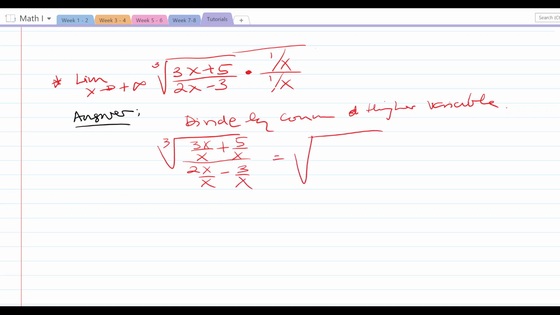So in this case we have root 3, and we have 3 plus 5 over x, over 2 minus 3 over x.